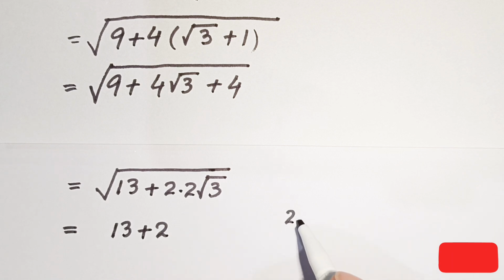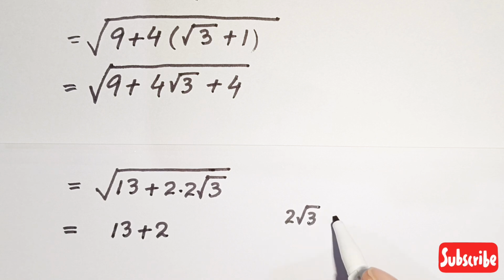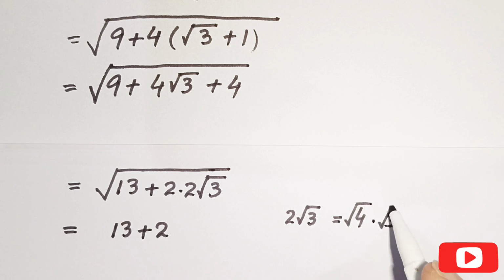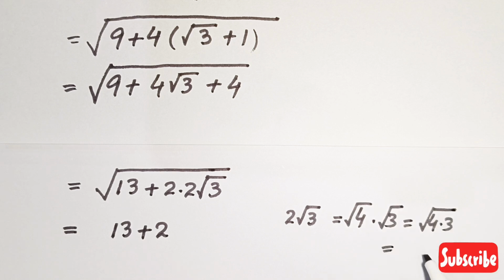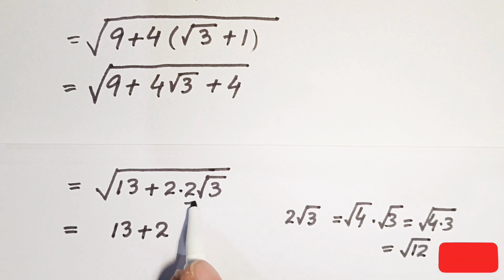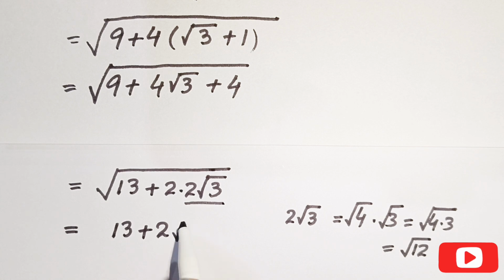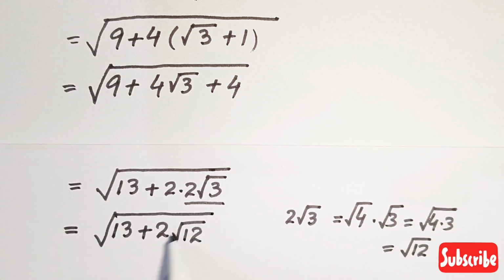As we know, 2 times square root of 3 can be written as square root of 4 times square root of 3, and 4 times 3 under square root, 4 times 3 is 12. So we can write this expression as square root of 12 whole square root.